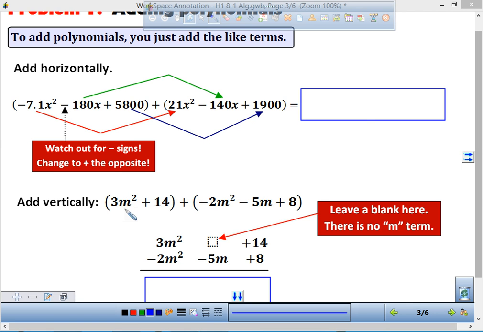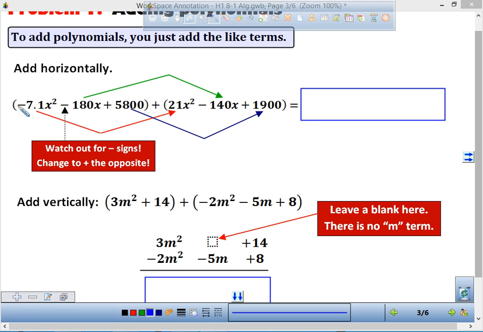we have negative 7.1x squared minus 180x plus 5,800, plus 21x squared minus 140x plus 1,900. So like terms across the whole way would be negative 7.1x squared and 21x squared.